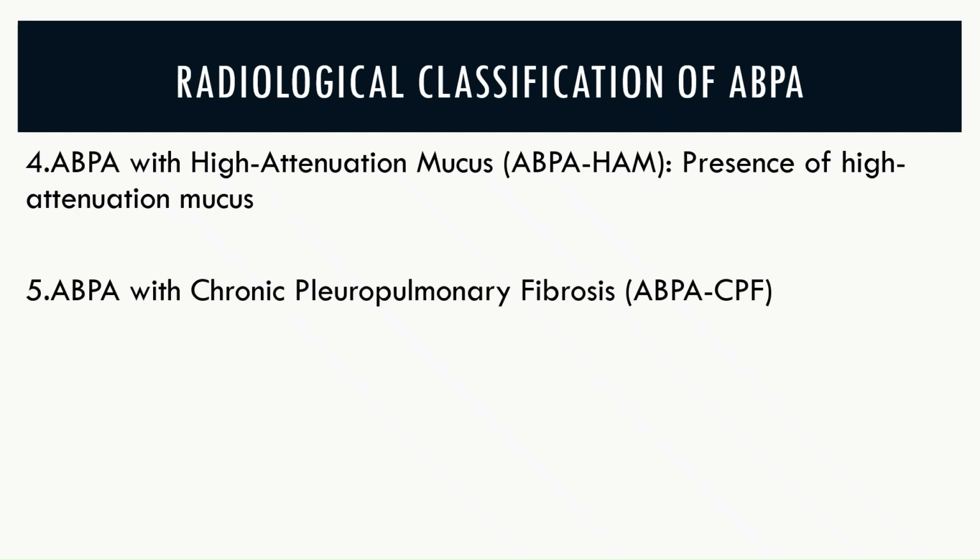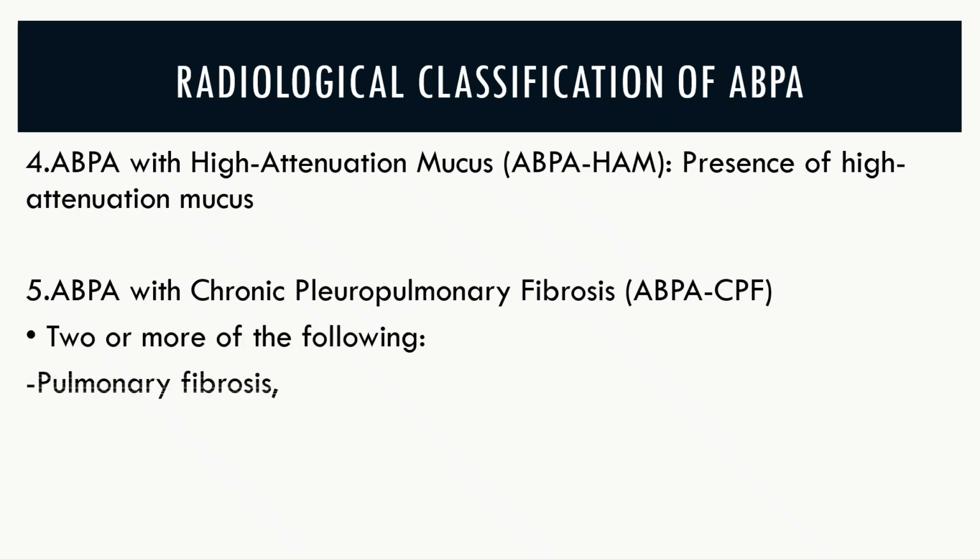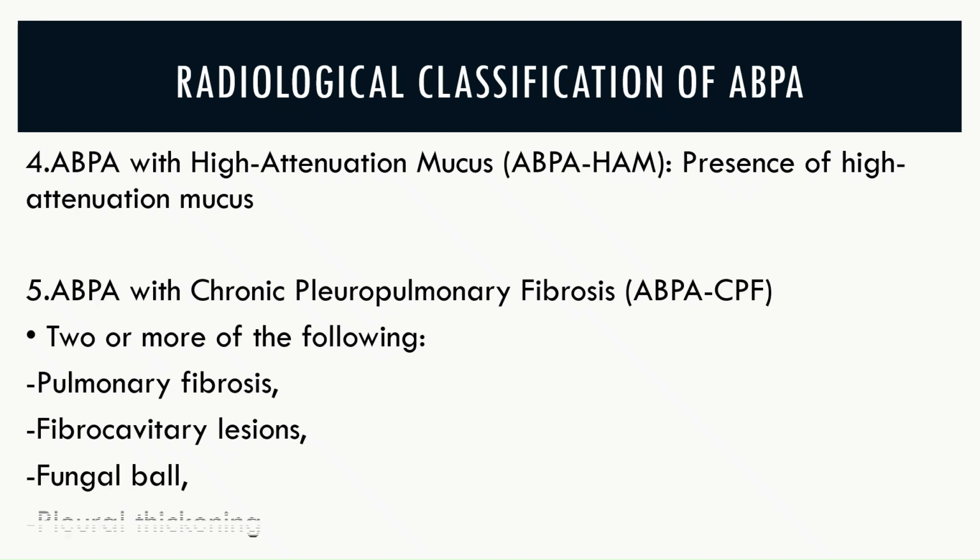Most advanced radiological stage is ABPA with chronic pleuropulmonary fibrosis, which includes findings such as pulmonary fibrosis, fibrocavitary lesions, fungal balls, or pleural thickening.